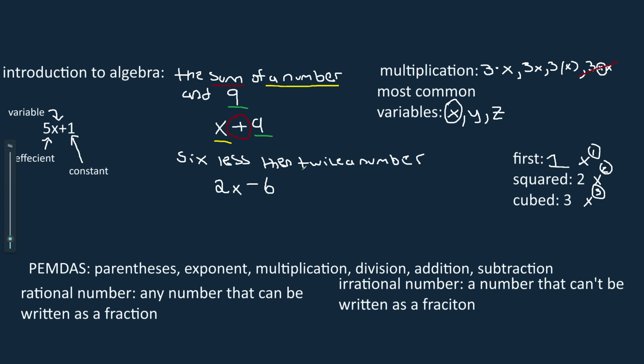So twice is this. It's subtraction because it says less. The constant is 6 because it's less than twice a number. And a number is the variable that we do not know.